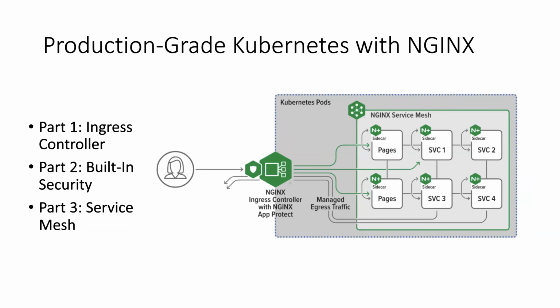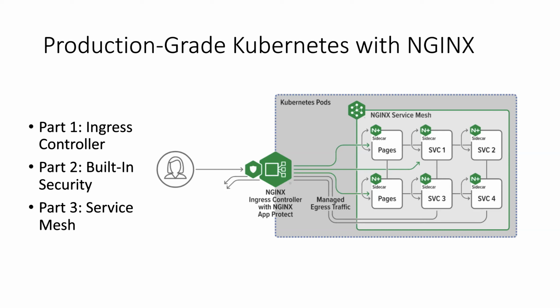And then once the requests enter Kubernetes, we could use NGINX Service Mesh. Again, the NGINX Service Mesh is free to use. You can download it from our F5 website. It's the most performant and simplest service mesh you could ever see. So our Ingress controller is also free, and our service mesh is also free. So you can take it and run it.